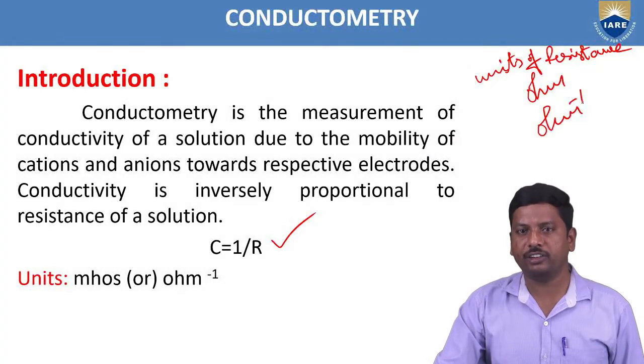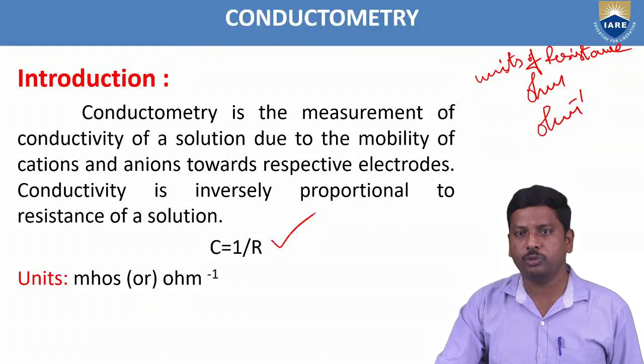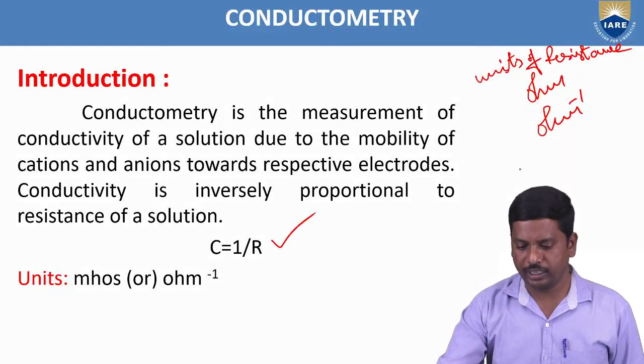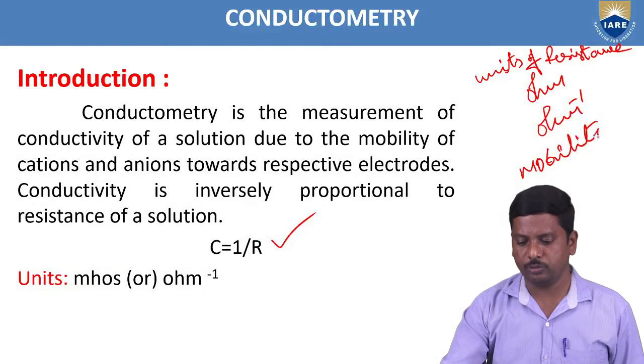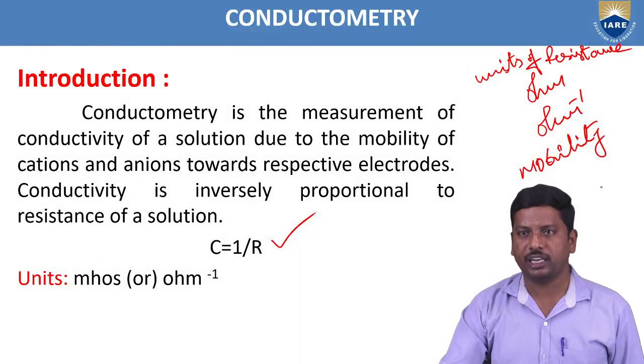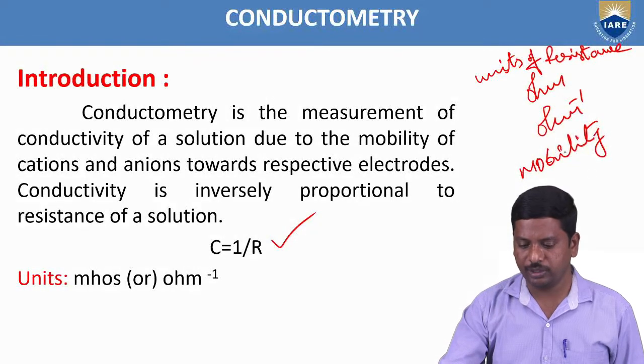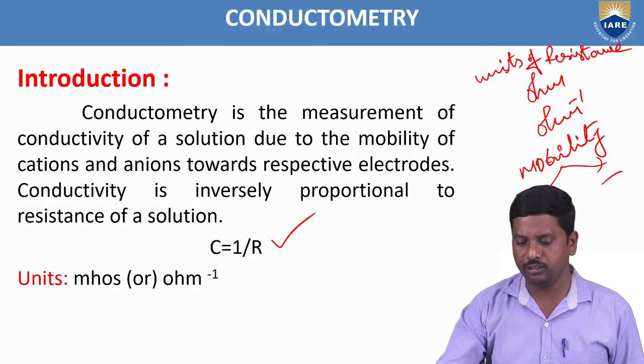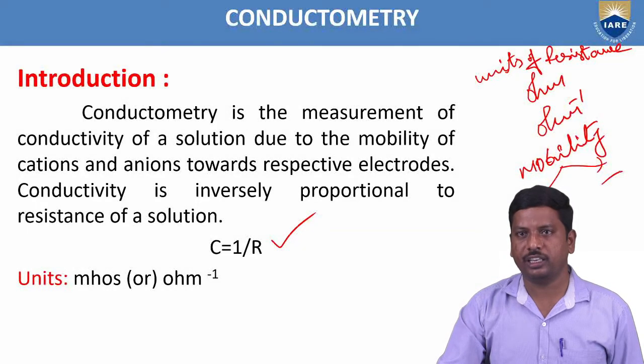The conductivity is mainly due to the mobility of ions. That mobility depends upon the charge on the species, either positive charges or negative charges. That's why conductometry is the measurement of the conductivity of a solution due to the mobility of cations and anions.